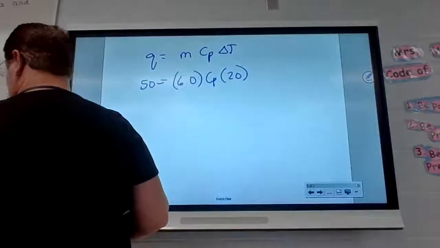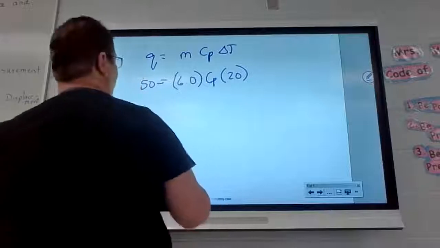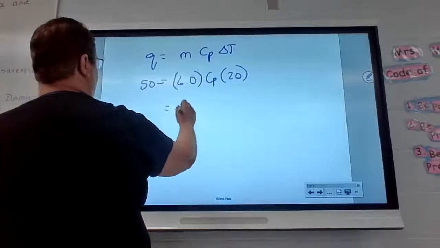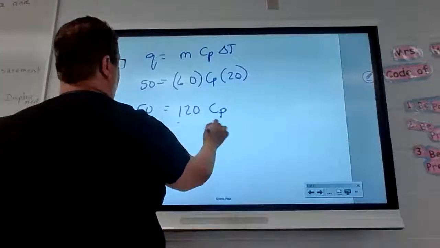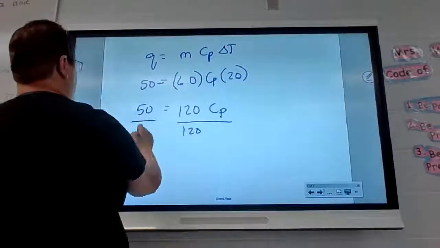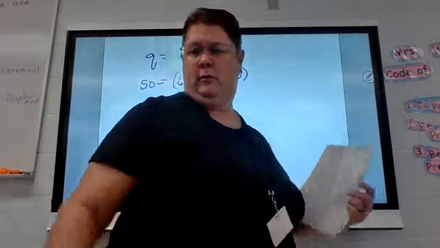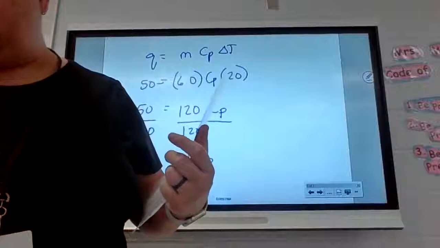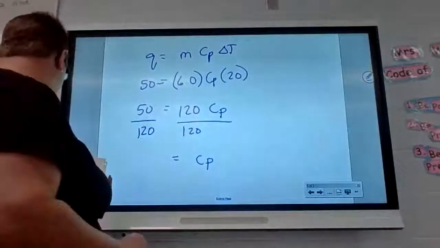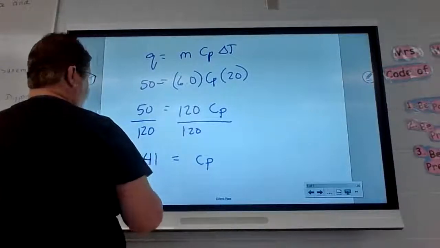So 6 times 20 is going to be 120, I think. And then you're going to divide by 120 on both sides. Let me make sure 6 times 20 is right. Yeah. All right, and 50 divided by that is going to be 0.41.